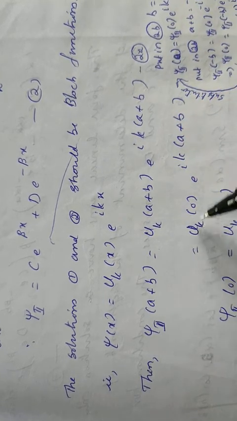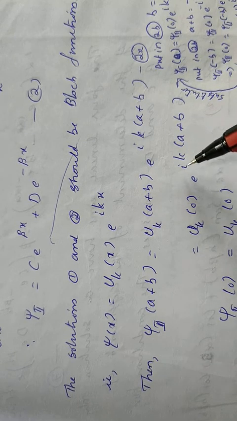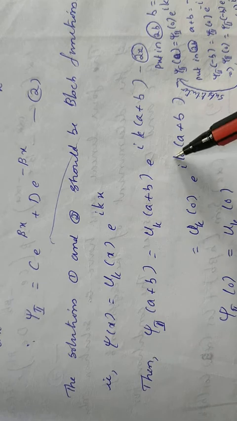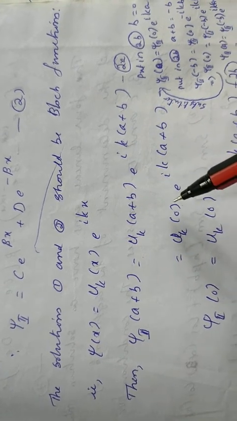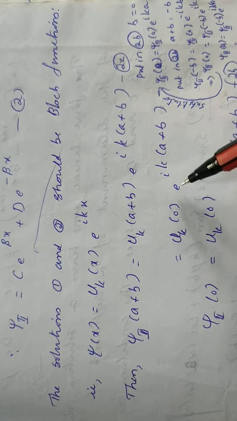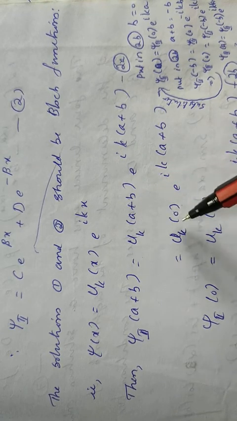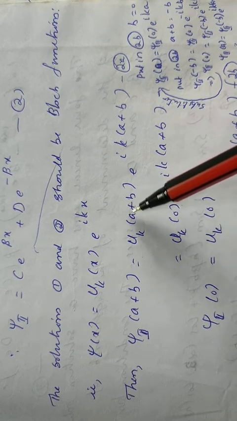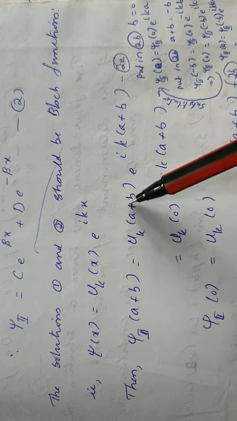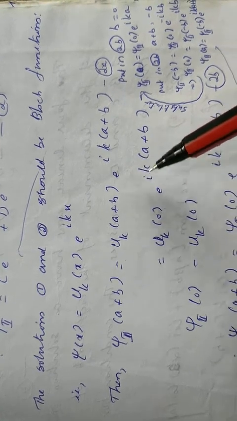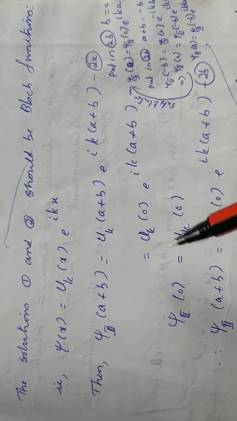So uk of 0 into e to the power ik of 0, because this is periodically varying in nature. Therefore uk of 0 is equal to uk of a plus b. The potential is periodically varying, so we can write it as uk of 0 and e to the power ik into a plus b.